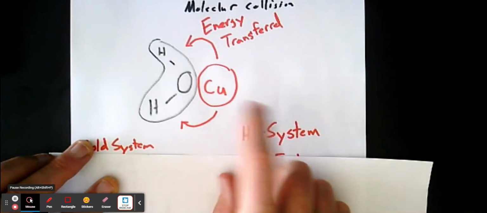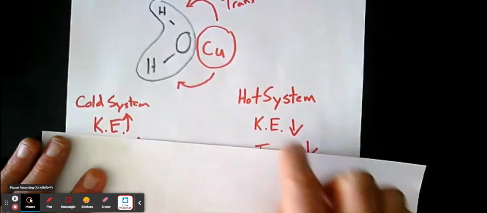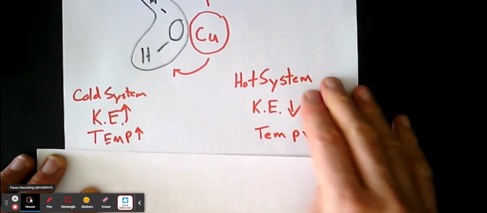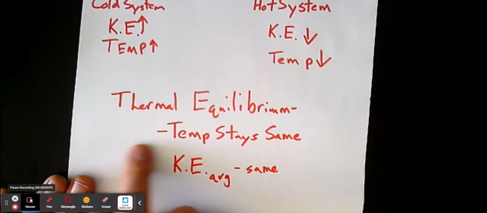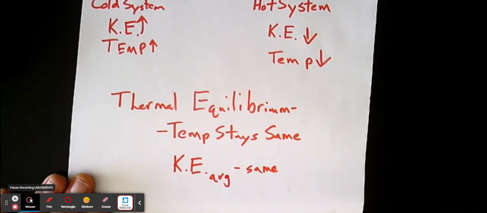And it always goes from your hot system to your cold system. The hot system will lose kinetic energy, its temperature will go down, and vice versa for the cold system. And when the temperature stays the same, when it's uniform throughout everything, that's when you've reached thermal equilibrium.